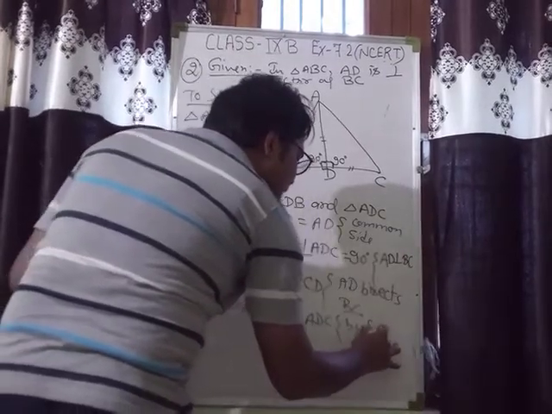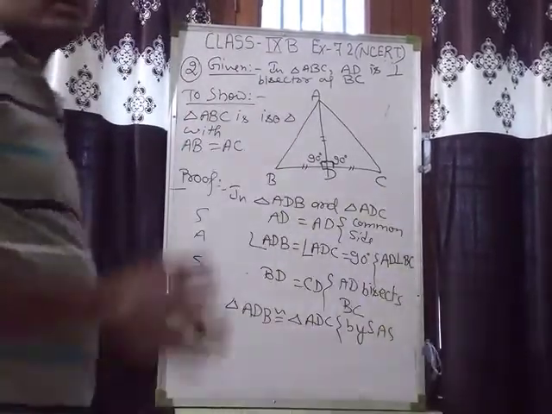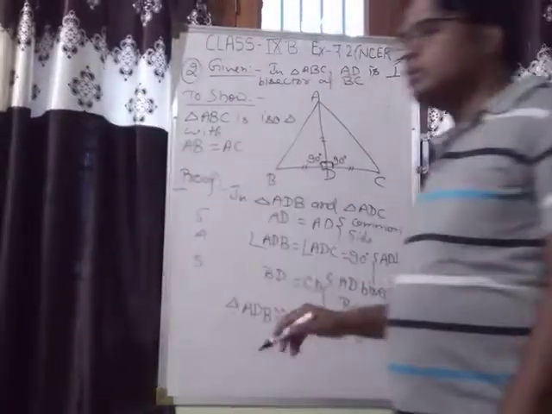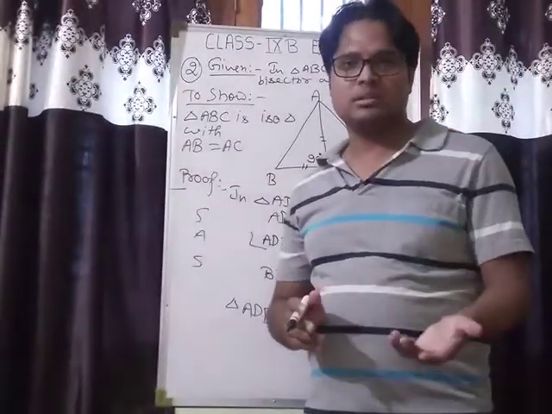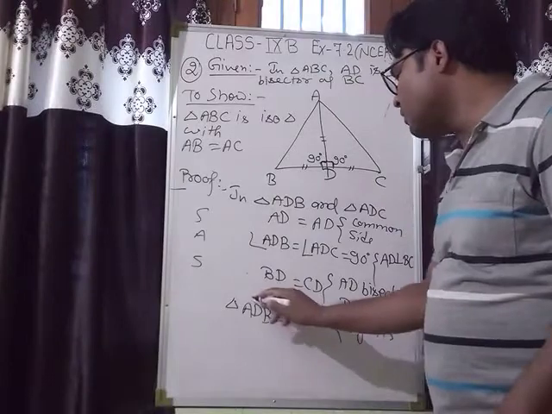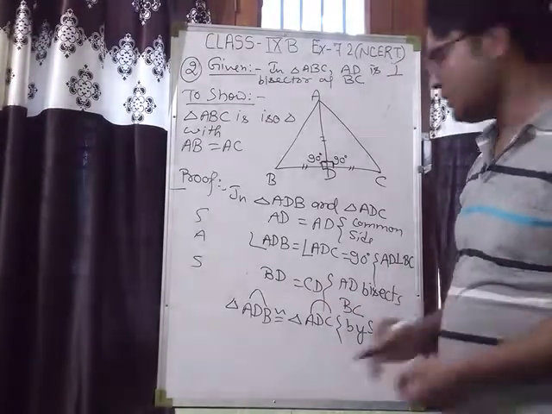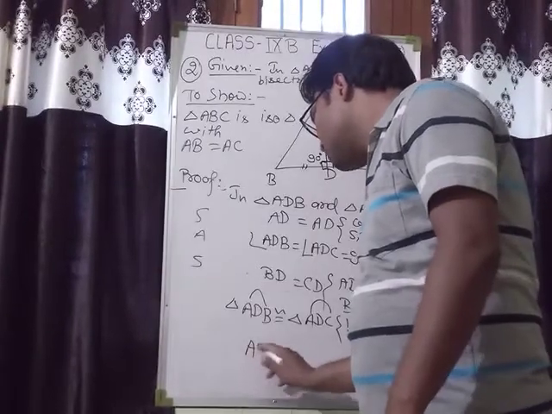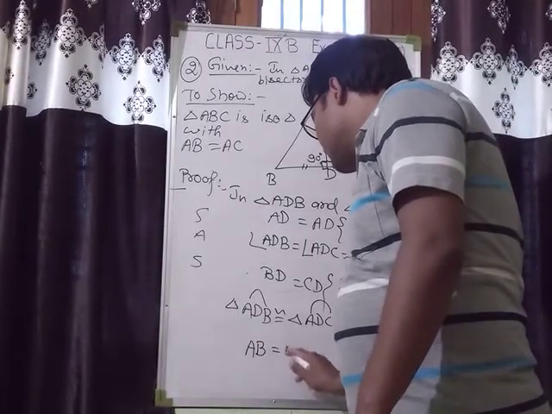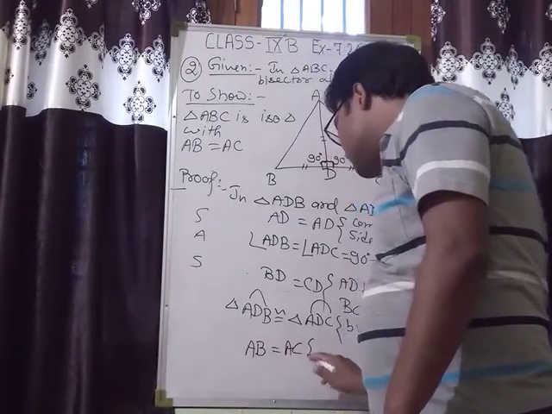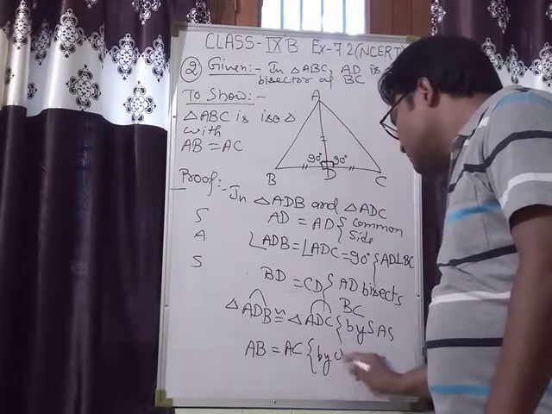And when two triangles are congruent, their corresponding sides will be equal. So from here we conclude that AB and its corresponding side AC will be equal. AB equal to AC. This is by CPCT.